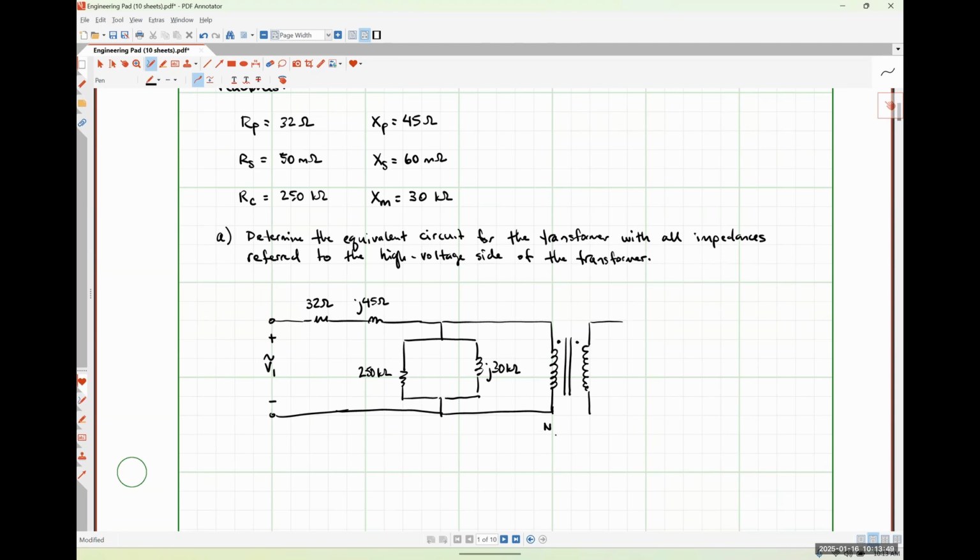I'm going to put N1 here and N2 here. Here's RS, so this would be 50 milliohm. Here's j60 milliohm.